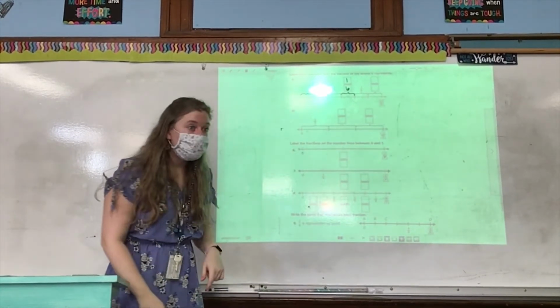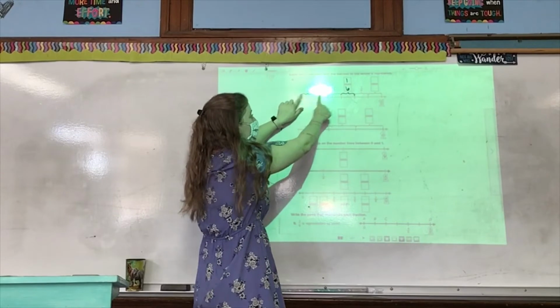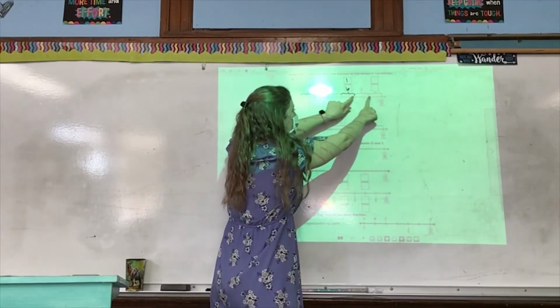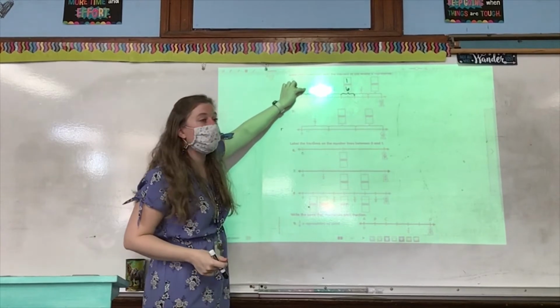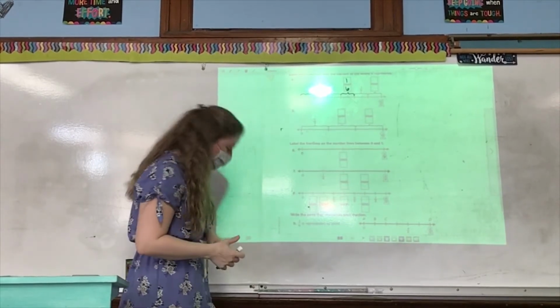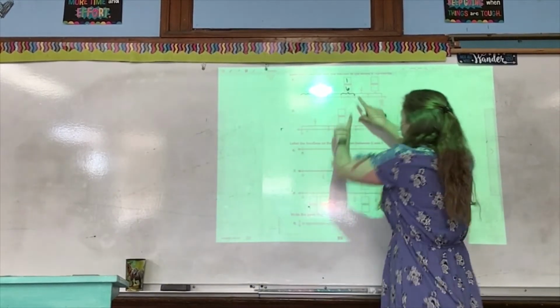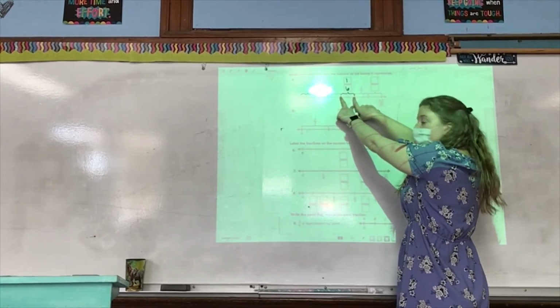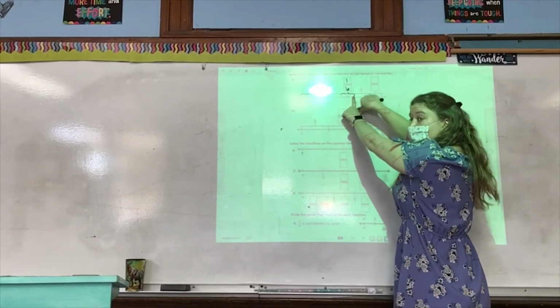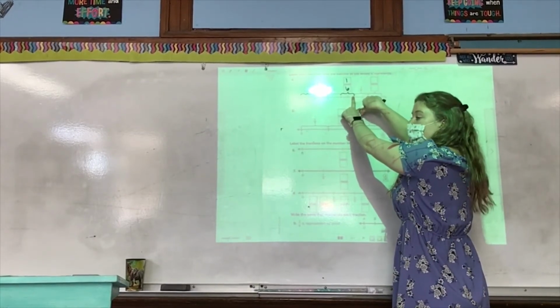Each piece represents 1 out of the 6 total pieces. So that is why each piece is labeled as 1/6. Between the 4th and 5th tick mark, that's just 1/6. Between the 5th and 6th tick mark, that's 1/6.